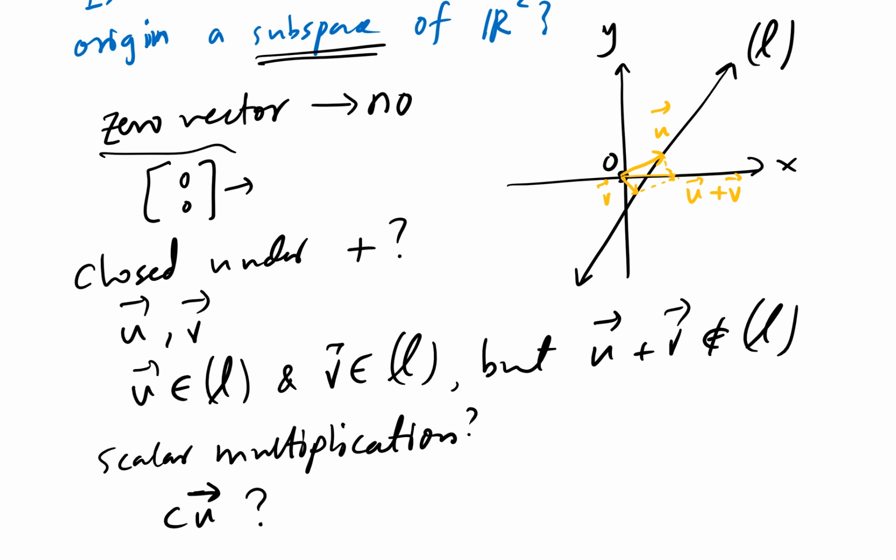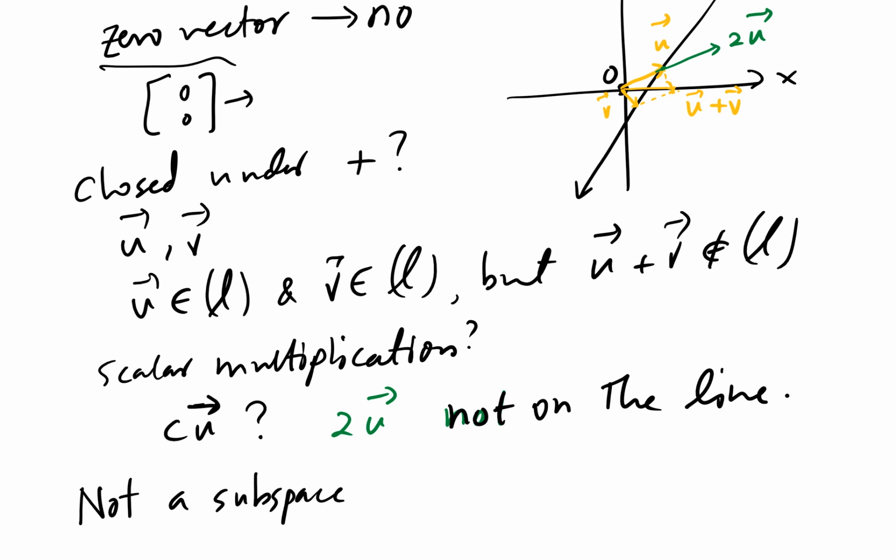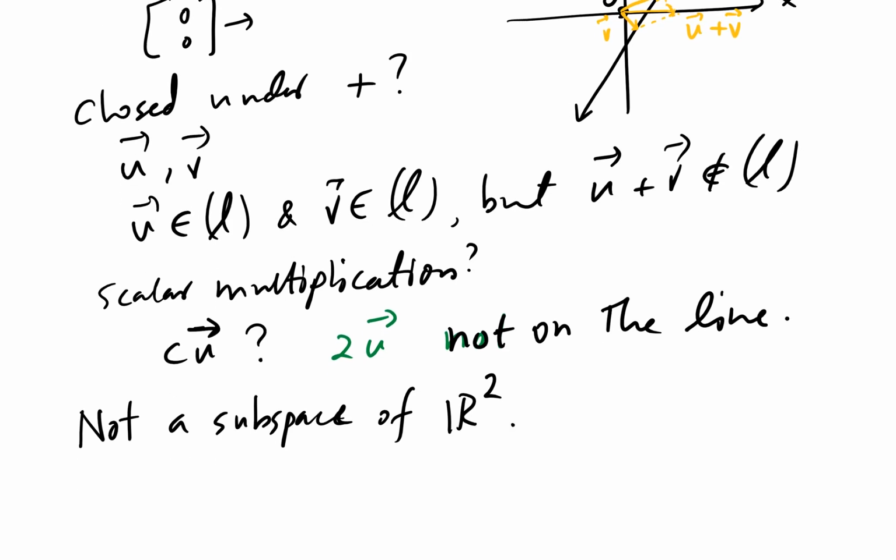If you double, say 2u, and u goes from O to this point, 2u would be double that. Notice it's not on the line. So it fails the three properties here. So definitely it's not a subspace of Rn, or of R2 here.